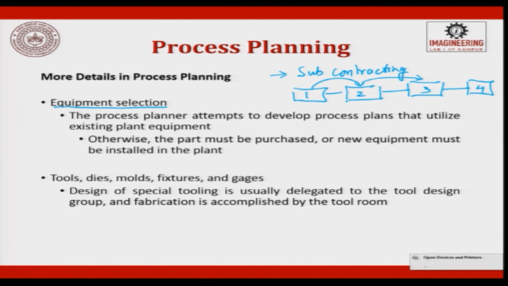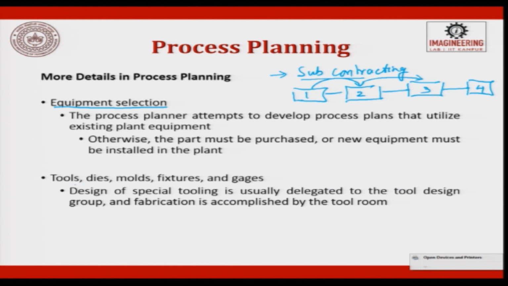Now, in your company you will do only the fourth stage. Who takes this decision of subcontracting is also during the process of process planning by a manufacturing engineer. Otherwise the part must be purchased, that is what I said. The blank which was got at the first stage is now got at the third stage. Moment you decide only this process.